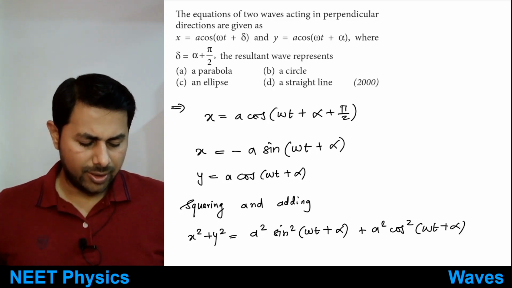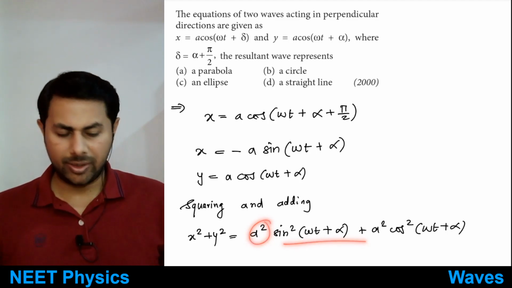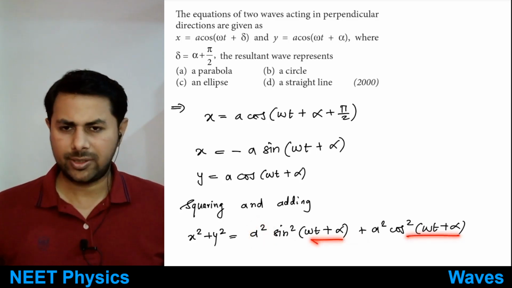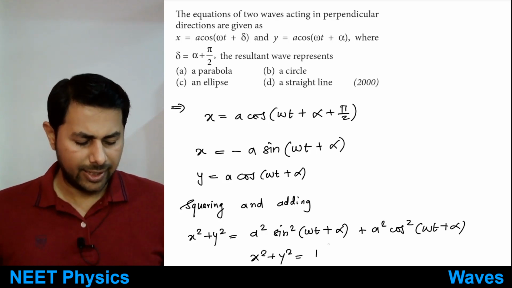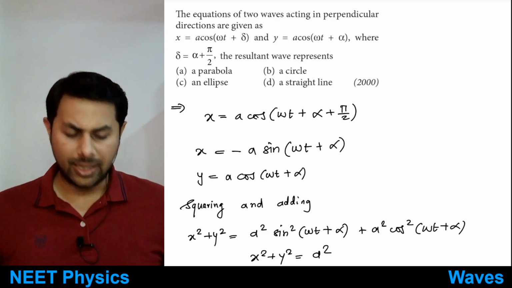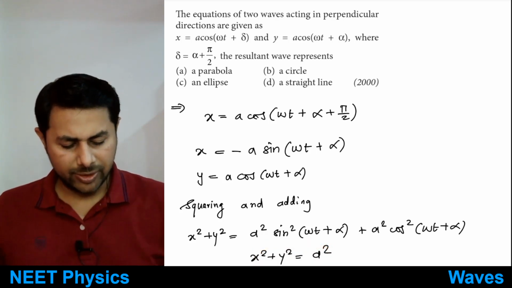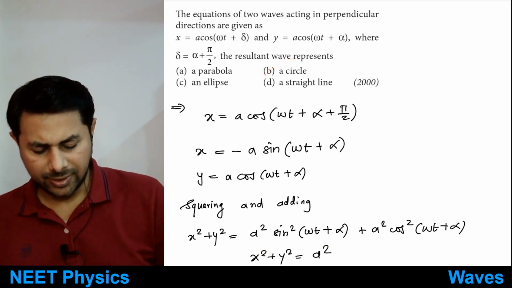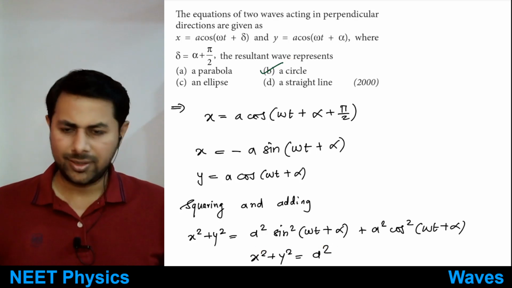And then you can take a square common. What remains is sine square of this thing plus cos square of this thing, that is 1. So x square plus y square is equal to a square. So this is the equation of a circle, and that's why it represents a circle. Okay, this is clear.